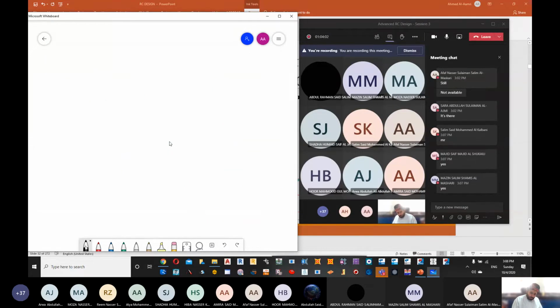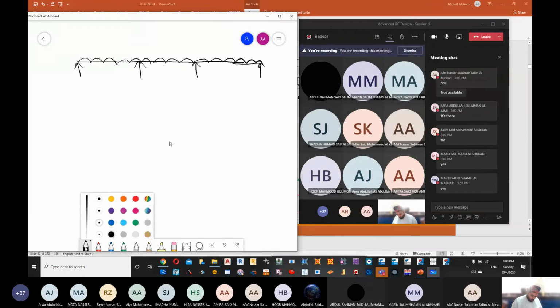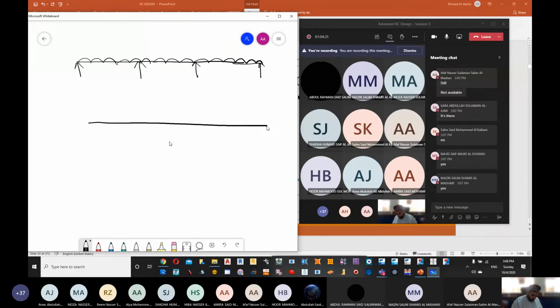Now I'm going to explain for you the shear force diagram. So if we want to try to draw the shear force diagram, the first thing that we need to do.